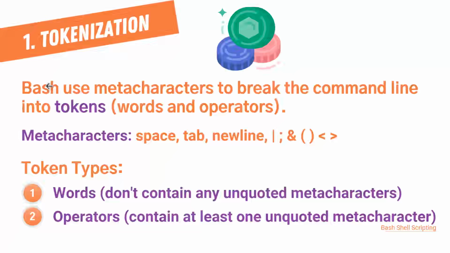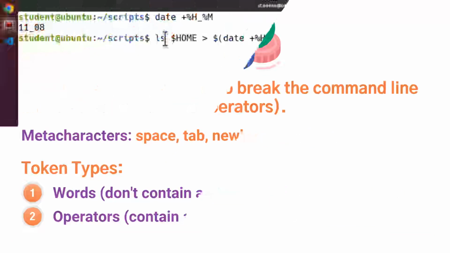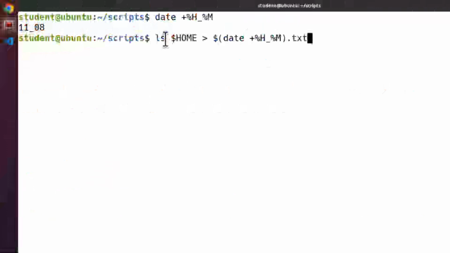To decide when a token starts and ends, the shell is looking for special unquoted metacharacters. In this example, there are two unquoted metacharacters, space and the greater than sign. Note that the space in the command substitution does not count as a metacharacter because it is quoted, and we are looking only for unquoted metacharacters.